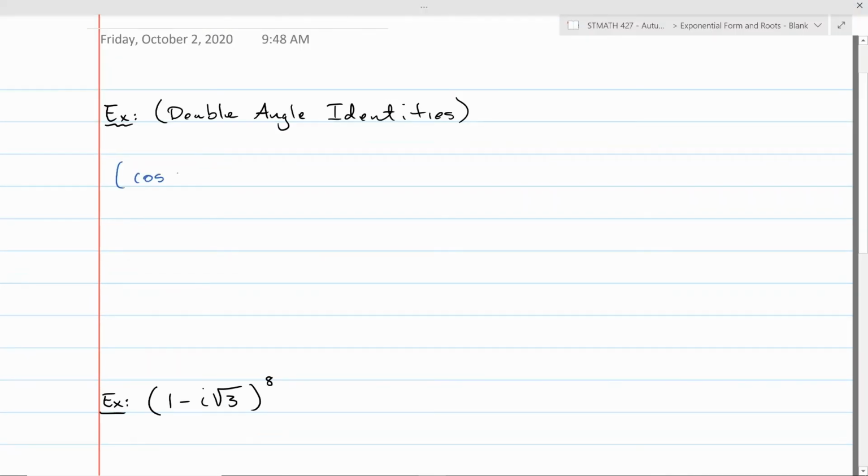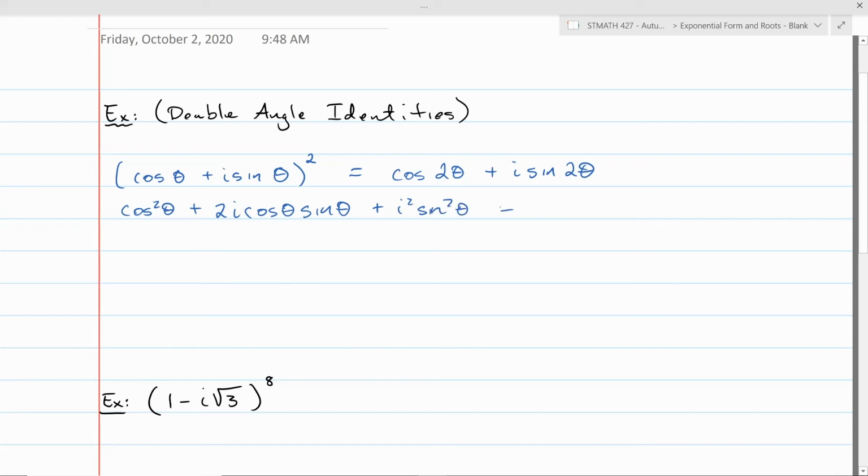If you take cosine theta plus i sine theta and raise that to the second power, according to de Moivre's formula, that's supposed to be cosine of 2 theta plus i sine 2 theta. But on the left-hand side, since the exponent's only 2, we could actually multiply that out. It wouldn't be a big deal. So if you multiply that out, you'd get cosine squared theta plus 2 times i times cosine theta sine theta, plus i squared sine squared theta, which equals cosine of 2 theta plus i sine 2 theta.